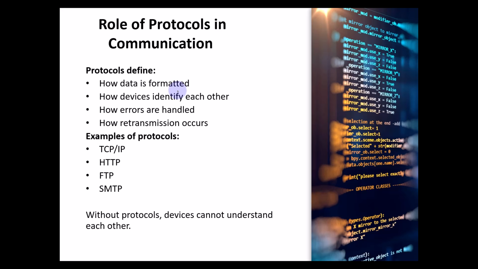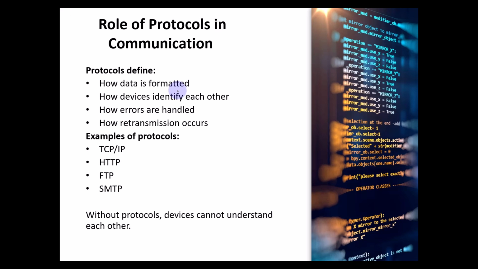Typical examples of protocols that we will look at in our subsequent lectures are the Transmission Control Protocol/Internet Protocol, the Hypertext Transfer Protocol, the Secure Hypertext Transfer Protocol, the File Transfer Protocol, and the Simple Mail Transfer Protocol. These are very few ones here. We'll look in detail at some of these protocols, what they are, what they do practically, and how we see them at work on our networks.